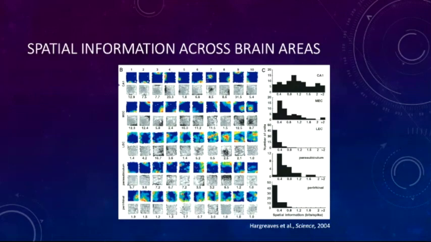So you see here in CA1, the hippocampus, place cells. Below you see the occupancy, the path of the animal, and the spikes, and you see that the information is very, very high. It goes to even more than 2 bits per spike. Then you have the MEC, medial entorhinal cortex, where we can detect grid cells.